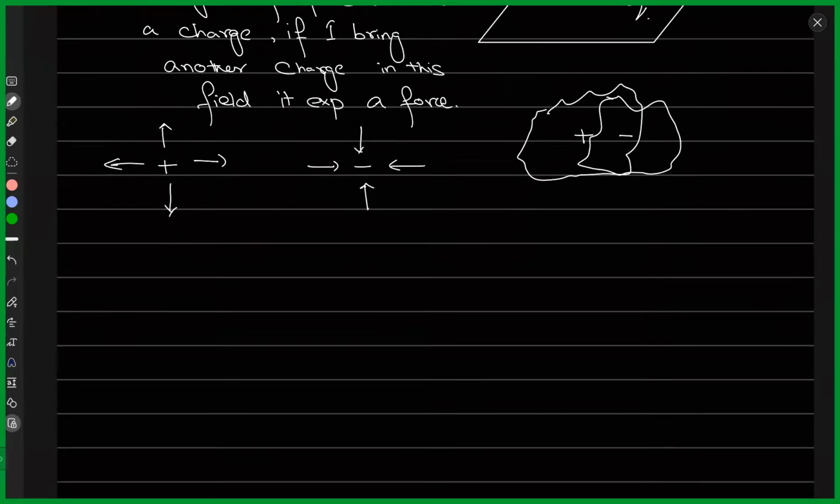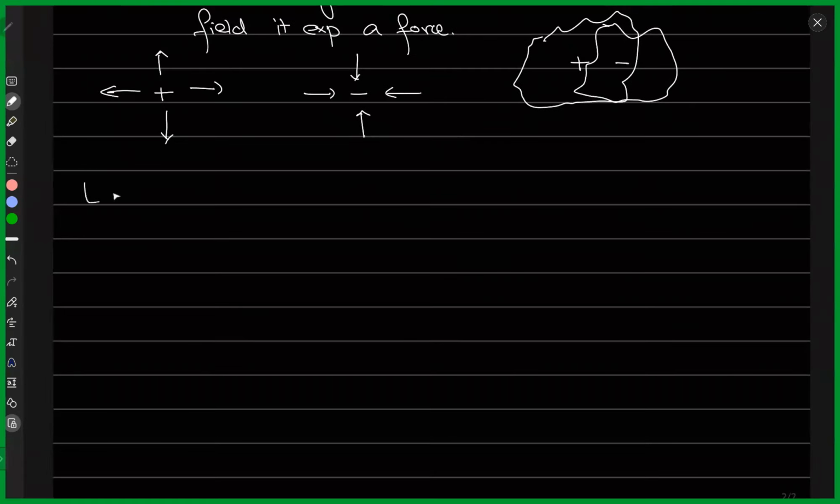So you can define a variable called the electric field strength. And this simply measures how strong the electric field will be. So if I have this electric field and I put a charge in it, how strongly will this charge experience the force on it because of this electric field?